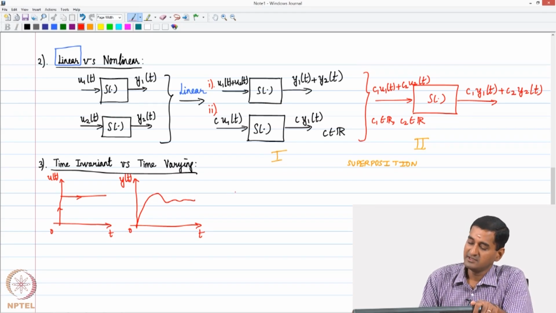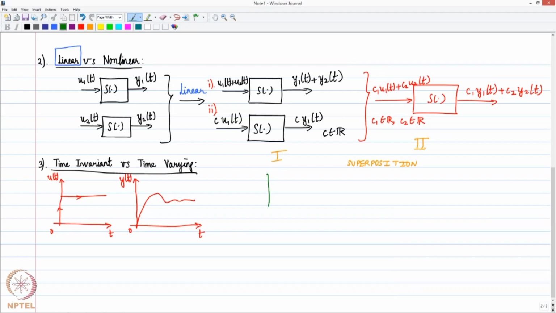Now, let us say I provide the same input u of t after a time interval of, let us say, capital T. I provide the same input u of t, but I provide it after a time interval of capital T. The question becomes, do I get the same output?